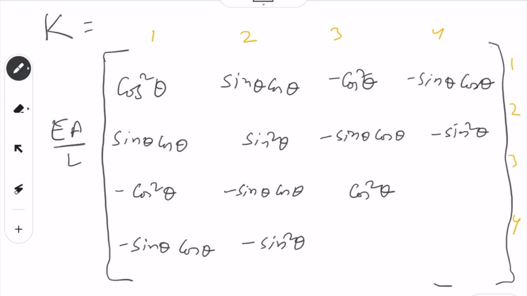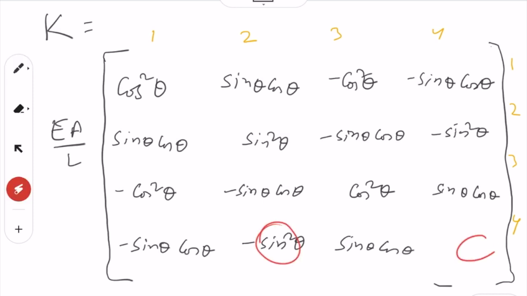Similarly here, this entry plus this entry equals 0, so we have plus sin theta cos theta, and this plus this will be equal to 0 because both represent force in opposite directions, meaning force in the y direction on the two ends, right? So hence sin square theta.